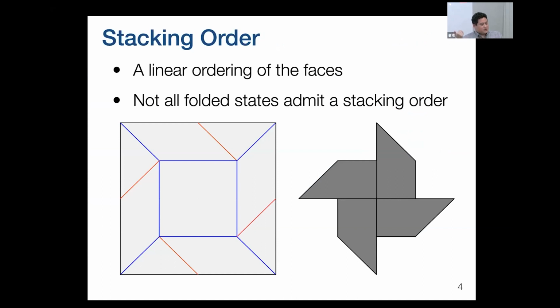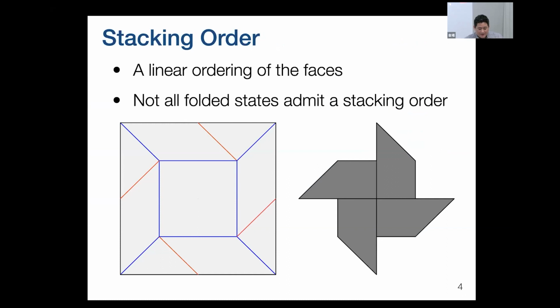In particular, take this very simple traditional pinwheel model, which many people know how to fold. If you were to fold up this crease pattern, of course, it has a folded state, but that unique folded state is cyclic. There's no top face possible on this model, and so I cannot linearize it.